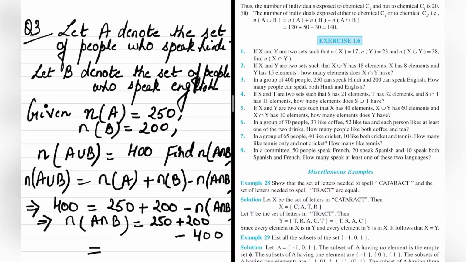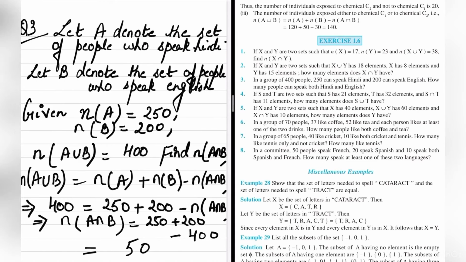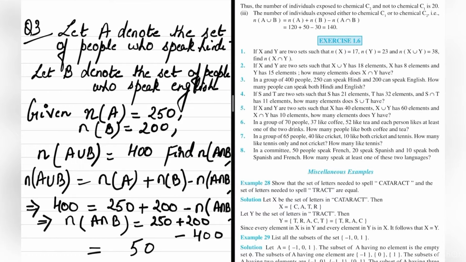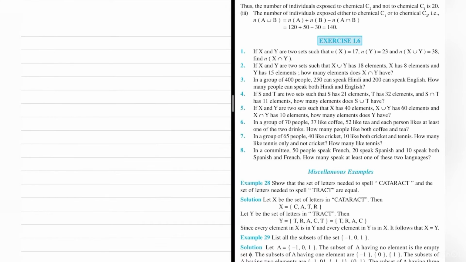So this becomes 450 minus 400, so 50. Okay, so next line would be hence 50 people speak both Hindi as well as English. Next question, question number 4.